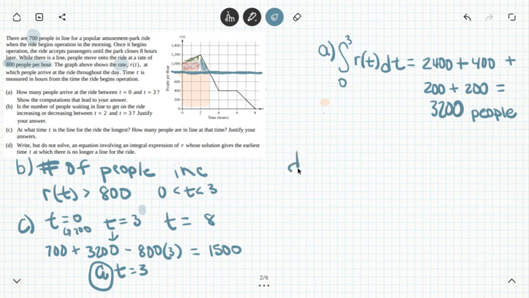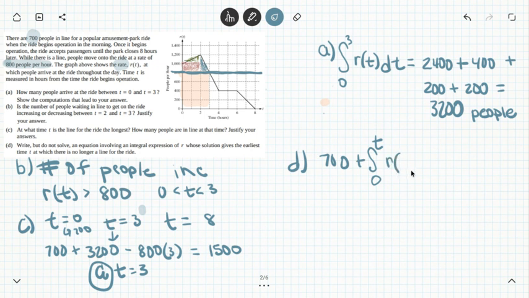For part D, we're setting up an integral that represents the earliest time in which there's no longer a line for the ride. So again, we're looking for numbers of people, which is an integral. So we started with 700 people. We're adding to that some integral starting at the beginning of time and ending at some unknown time of our function.